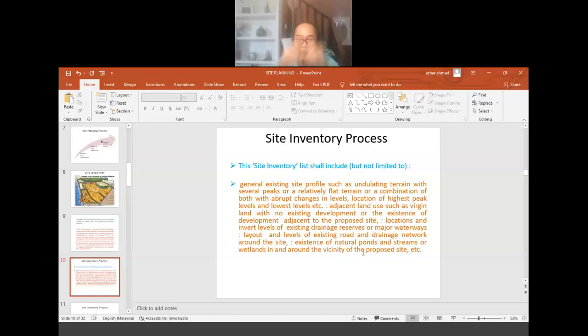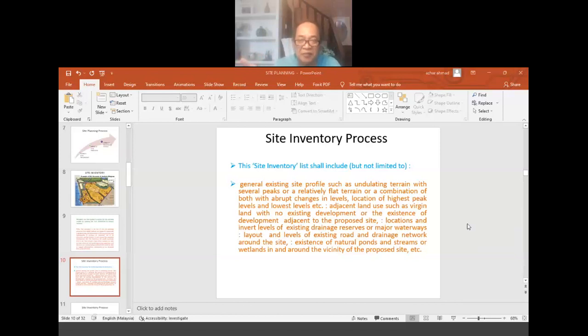So from the site plan given, one part you can highlight is how the terrain is. Is it a flat terrain? Is it an undulating terrain? A combination of both flat and undulating terrain. That is the first observation. The second, we're looking at the location of the highest peak and lowest level, which can also be ascertained when we're looking at the terrain.